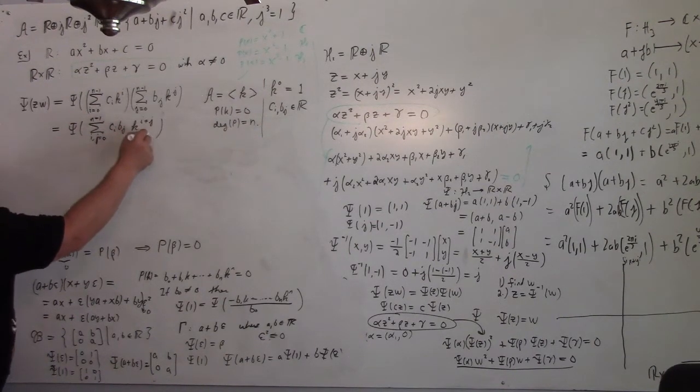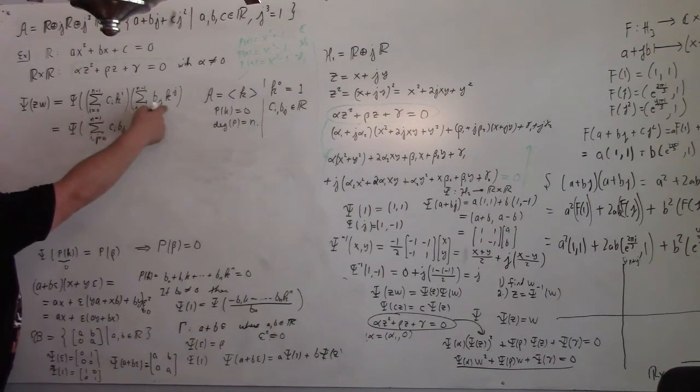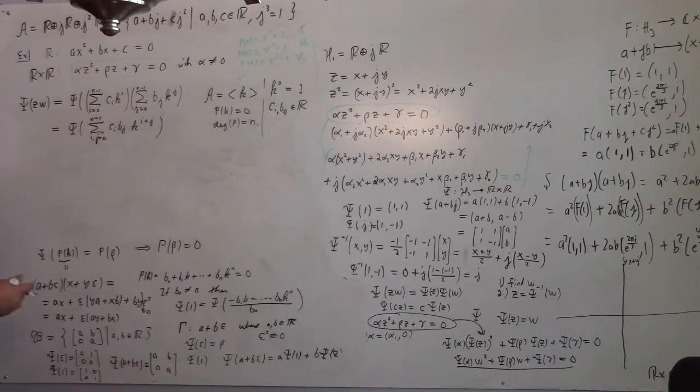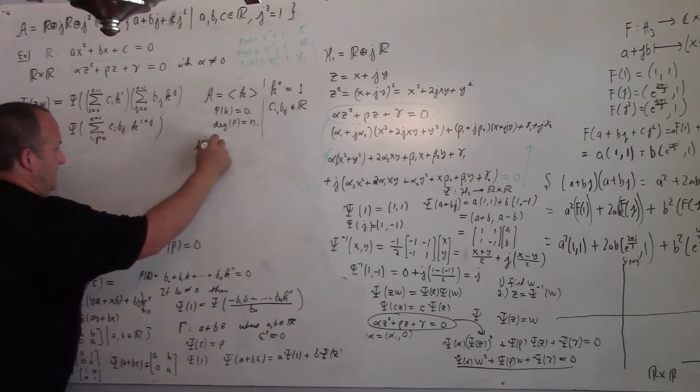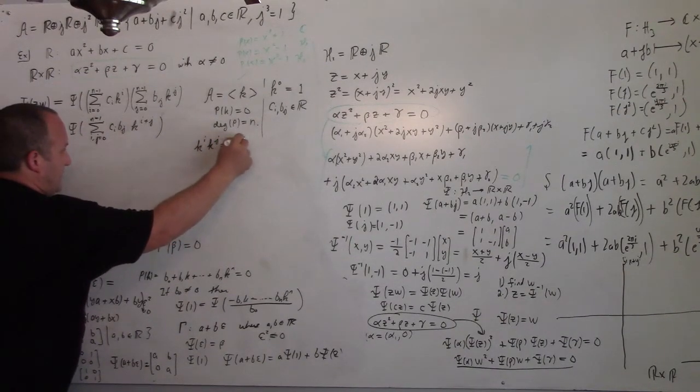Because k to the i times k to the j is k to the i plus j, and I'm using the distributive property to collapse the sums and collect the terms together like that. So this is assuming the distributive property and the definition of the exponential notation, which is, among other things, that k to the i times k to the j is k to the i plus j.